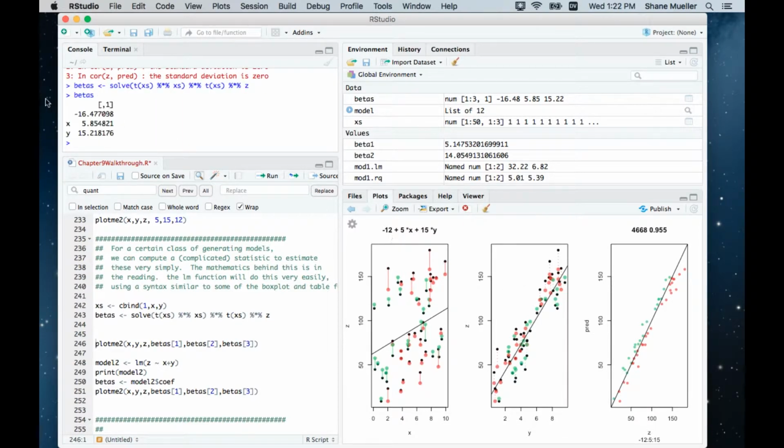So rather than -12, the best fitting line was -16. So let me see if I can do this again. I think I have -16.47, 5.85, and 15.22.